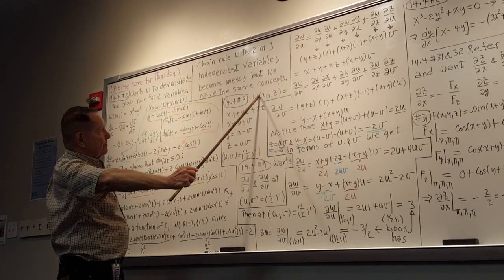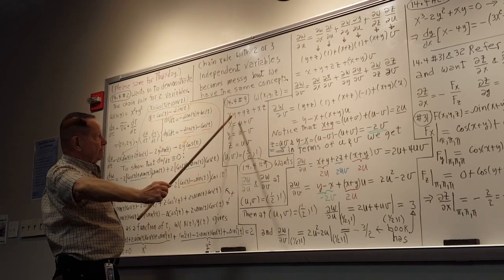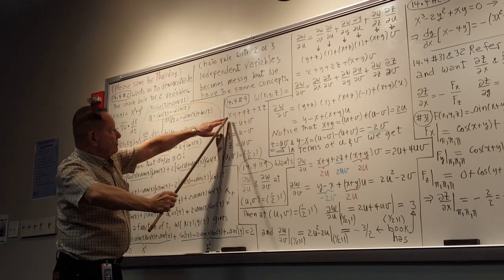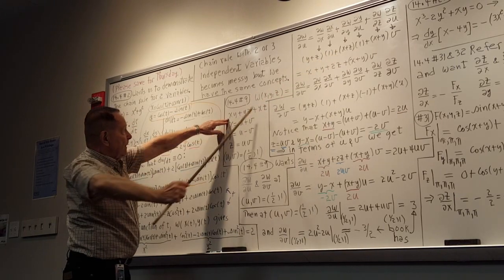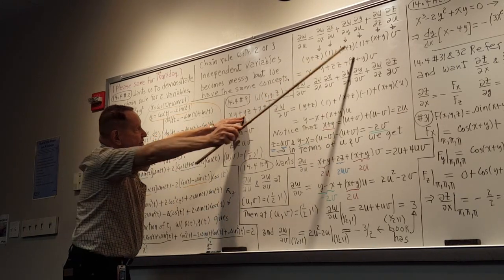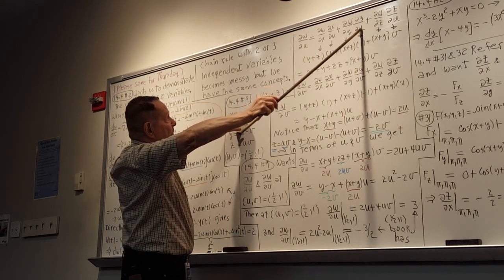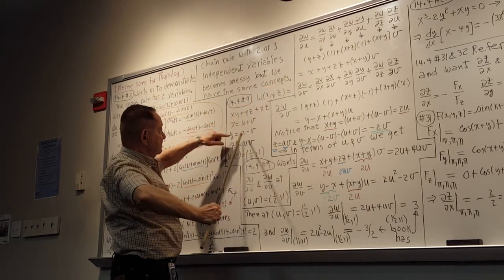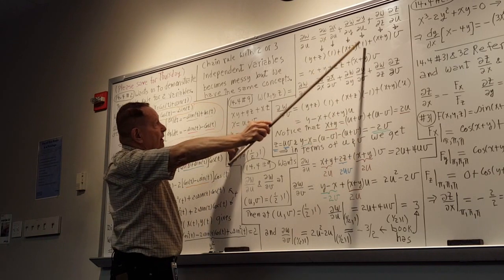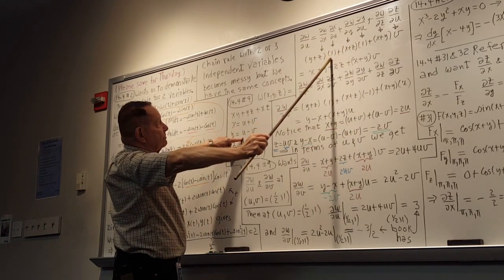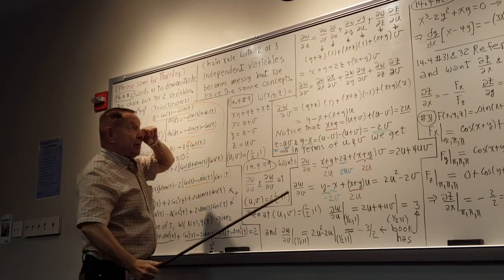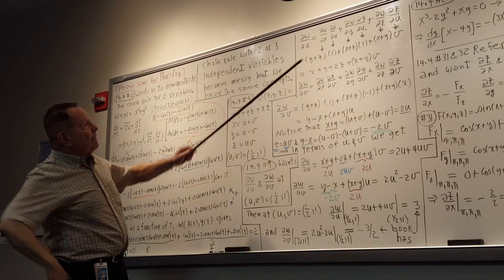And then my partial of W with respect to Y gives me an X, and it gives me a Z. And my partial of Y with U also gives me a 1. So those happen to match, but that's a happen so.